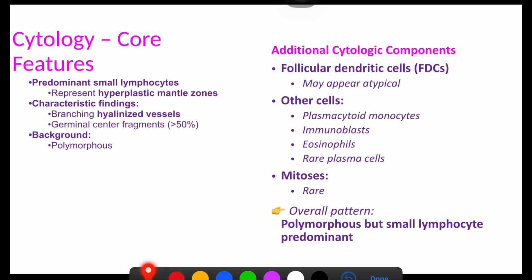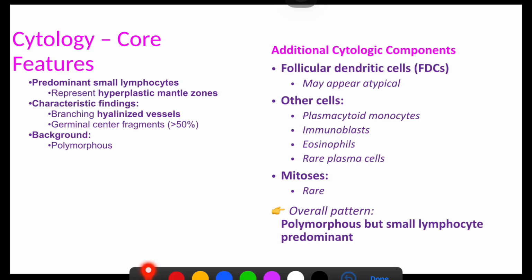Now, cytologically, it shows predominantly small lymphocytes in hyperplastic mantle zone, and characteristic is branching hyalinized vessels. Germinal center fragments are seen in more than 50% area, and background is mostly polymorphous. And here additional features show follicular dendritic cells, plasmacytoid monocytes, immunoblasts, eosinophils, and rarely plasma cells.